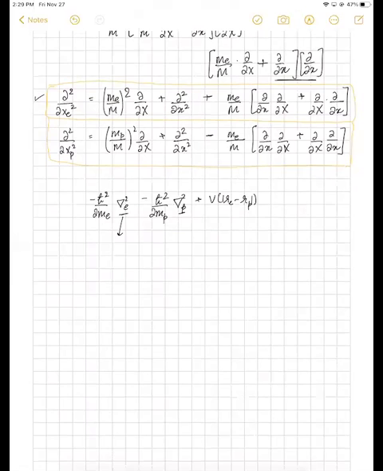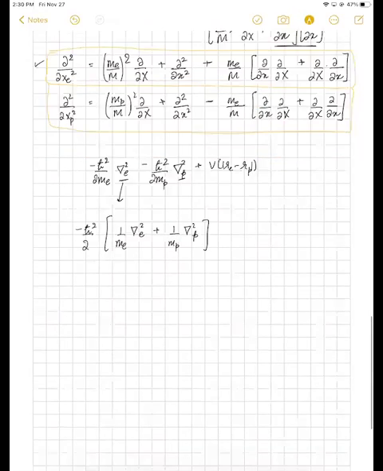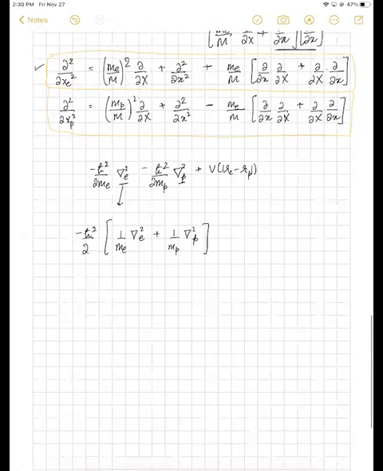Let's try and simplify it a bit further. We have minus h bar squared by 2, del 2e plus 1 by mp del 2p. And we also have a potential term that I'm not focusing on too much right now.